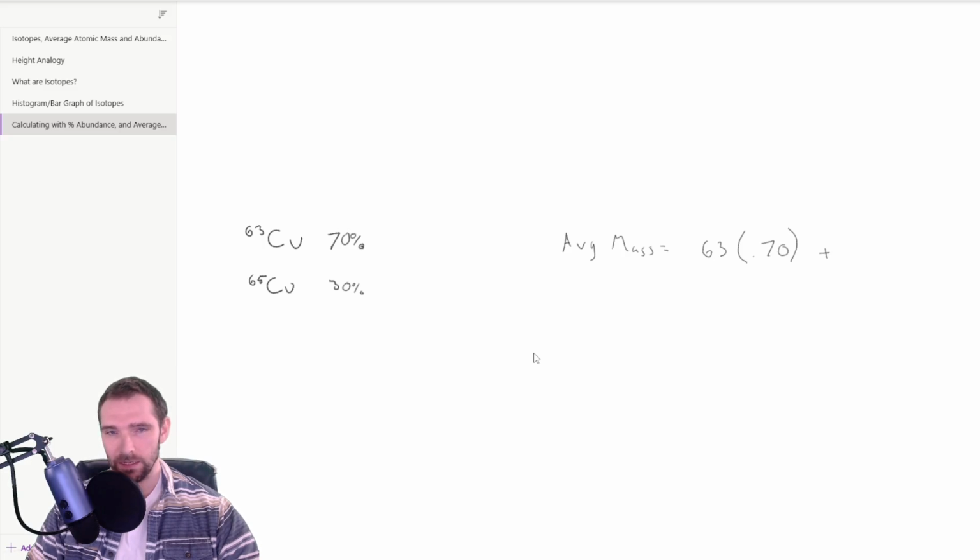And then we've got 65 times its portion, which is 0.30. Remember, portions are out of 1, percents are out of 100, so you have to move that decimal place over 2 spots.